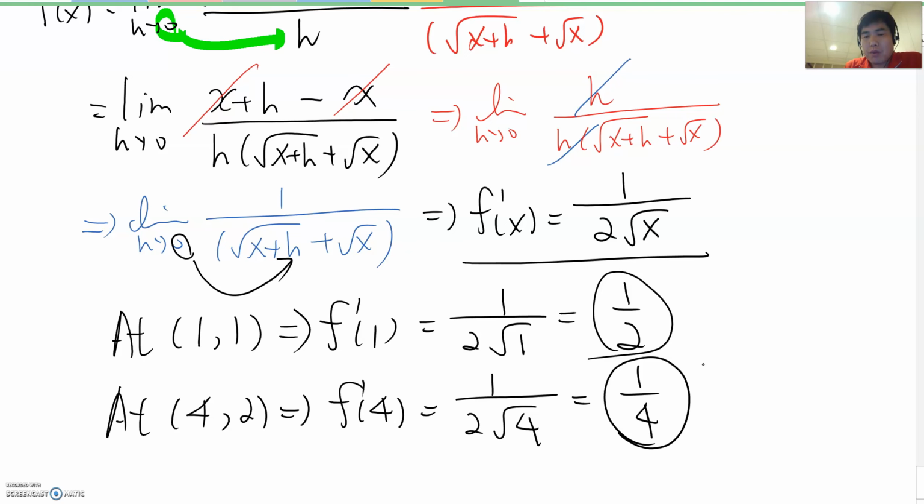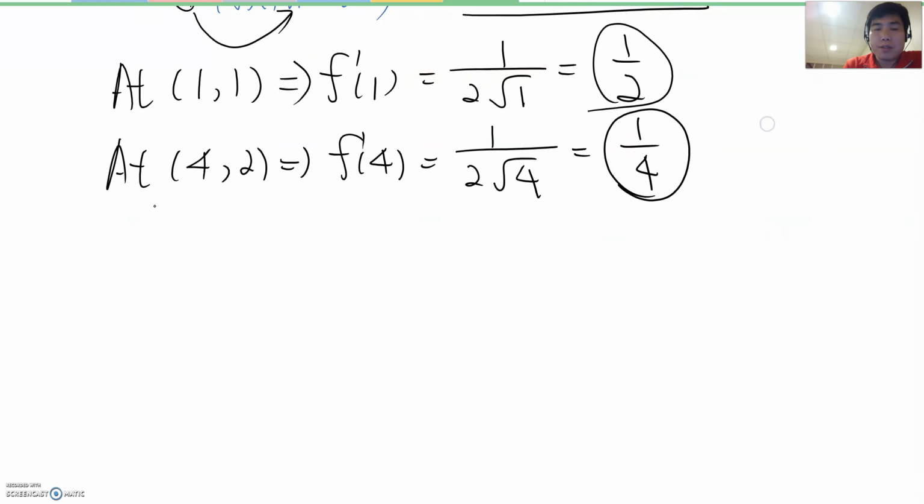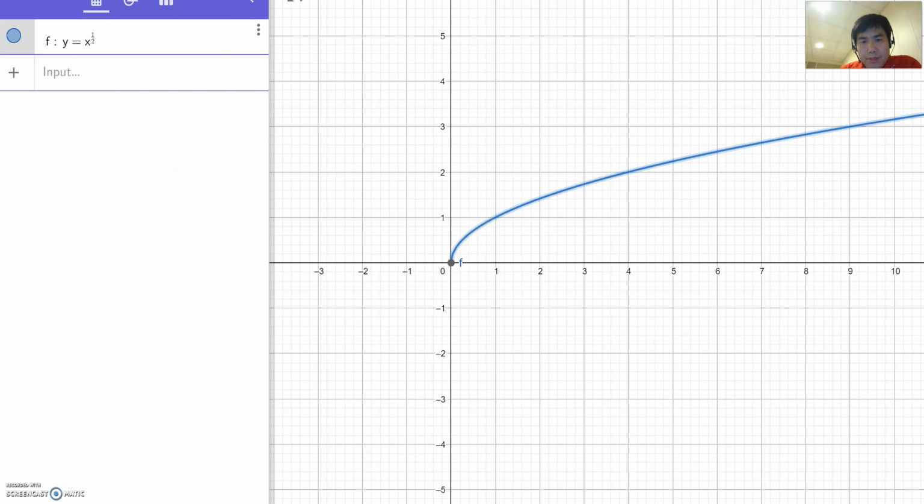But one thing I was wondering: what if the given point is (0, 0)? Let's look at the GeoGebra graphing module and check what happens here. So this is the root x graph. Now, do you remember when the limit exists?